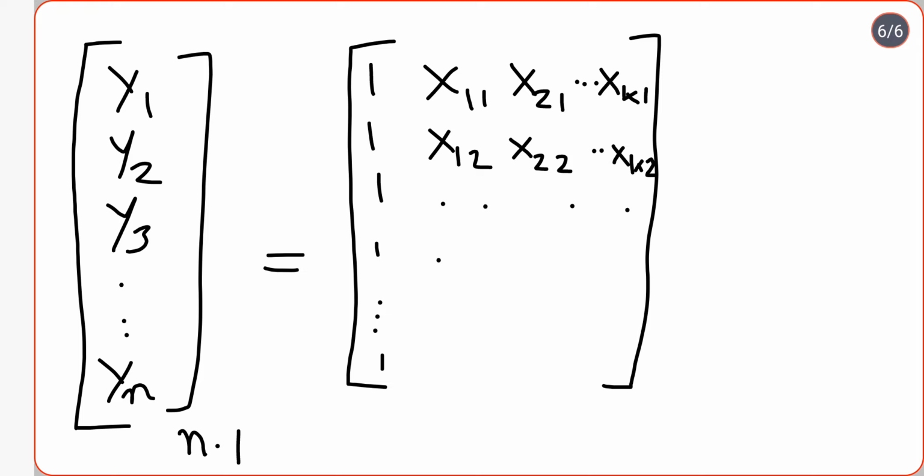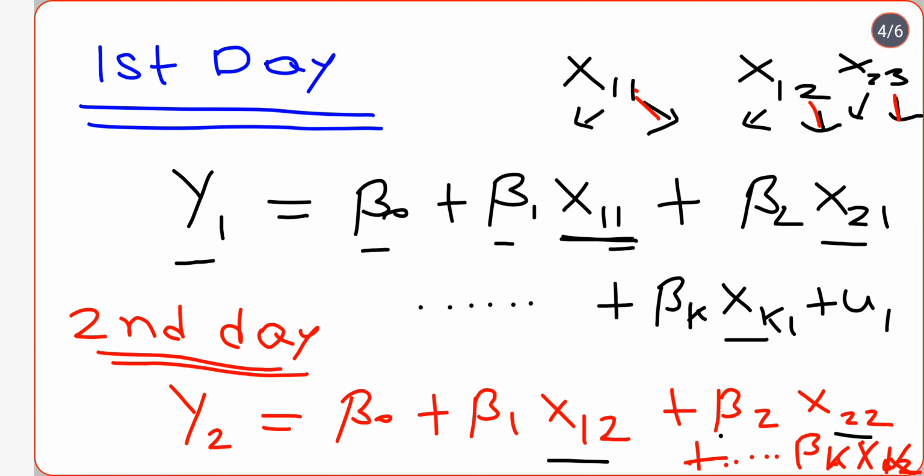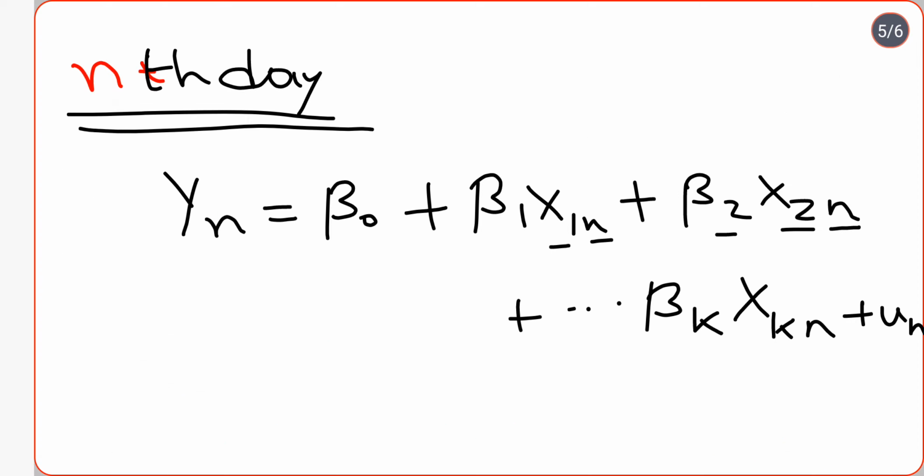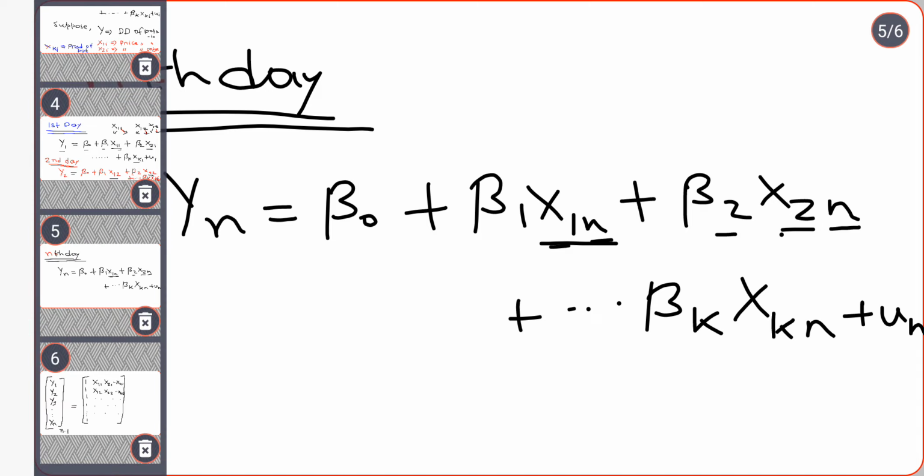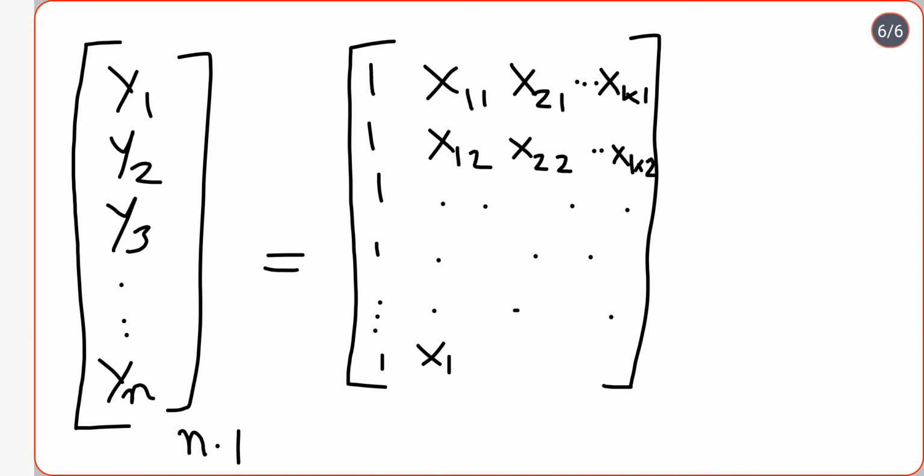Okay, so it goes up like that. The last equation on the nth day was basically showing us that we have the independent variables x1n, x2n and xkn. So let me write that x1n, x2n and xkn. Okay, so I hope this is clear.